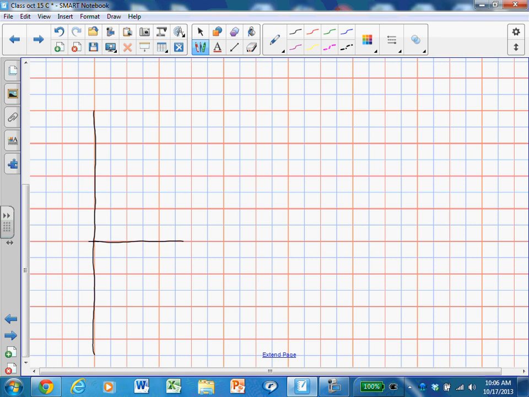And it goes to 1, 2, 3, 4, 5, 6, 7, 8, 9, 10, 11. Okay, and then what are the velocity ones? 4, right?